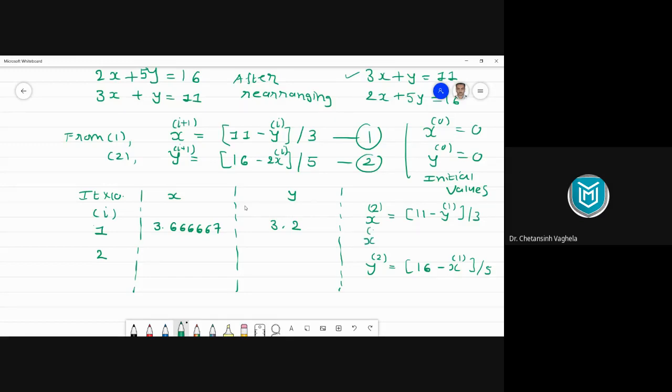So it should be X2 is equal to 11 minus, what is my Y1? Y1 is 3.2, then divided by 3. And similarly for the Y2, I have 16 minus X1 value is 3.6667 divided by 5. So use the calculator and tell me what is my X2 and Y2.